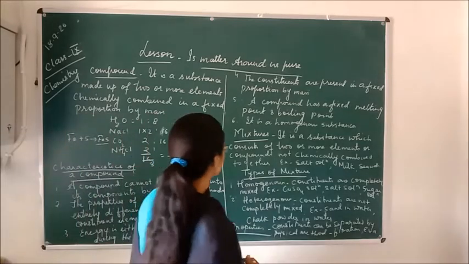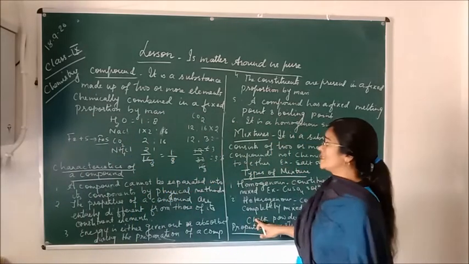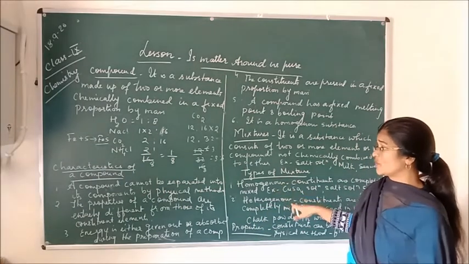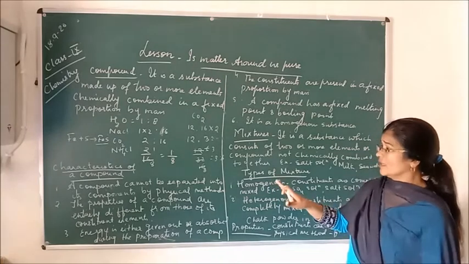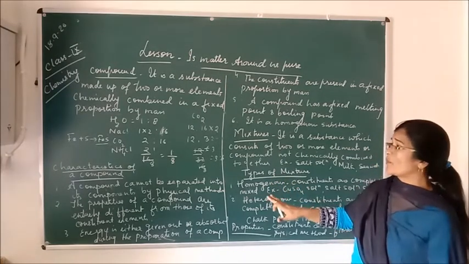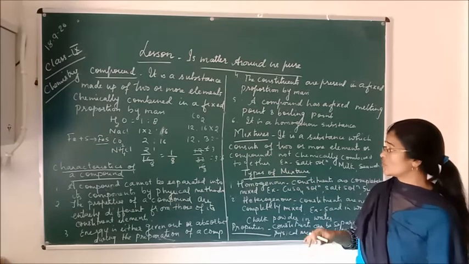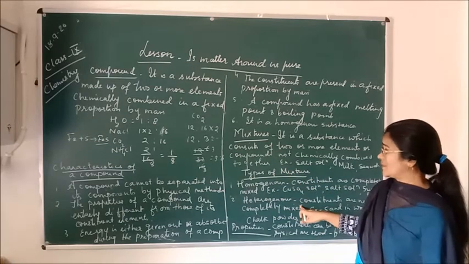But in a mixture, the properties are not different from those of its constituents; they show their own properties. Like iron and sulfur: iron shows the magnetic property, but sulfur does not.